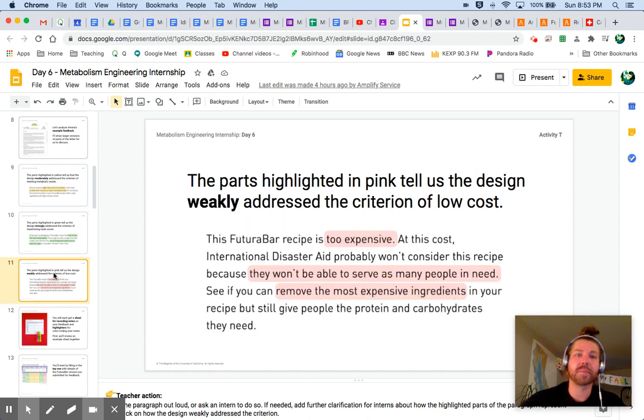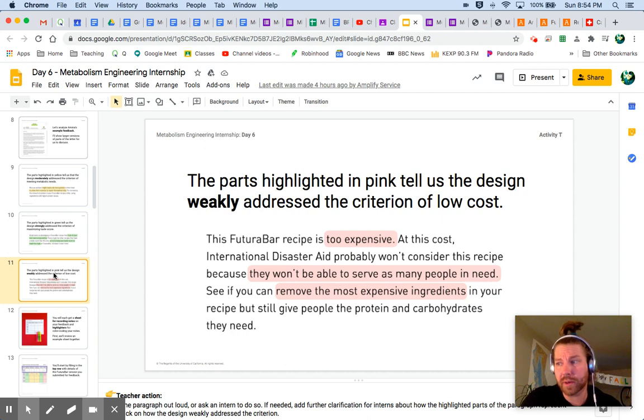So let's look at the next one. The parts highlighted in pink tell us the design weakly addressed the criterion of low cost. This Futura bar recipe is too expensive at this cost. International Disaster Aid probably won't consider this recipe because they won't be able to serve as many people in need. See if you can remove some of the most expensive ingredients in your recipe, but still give people the protein and carbohydrates they need.